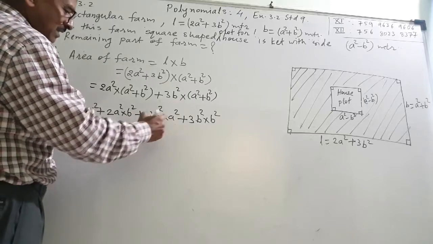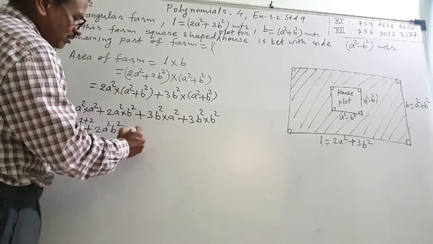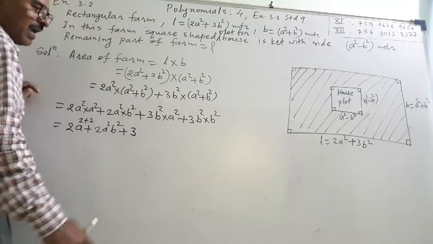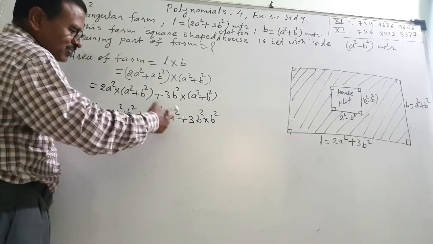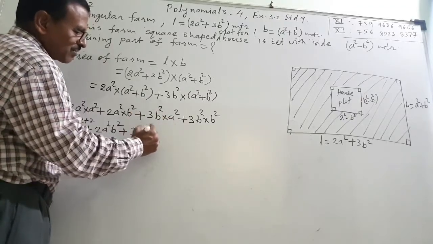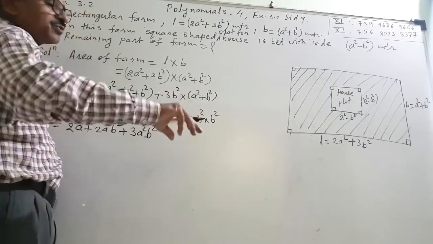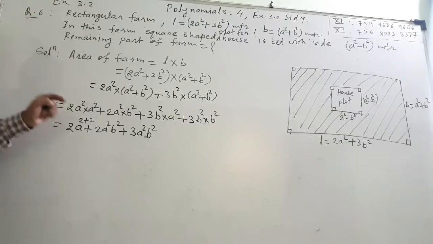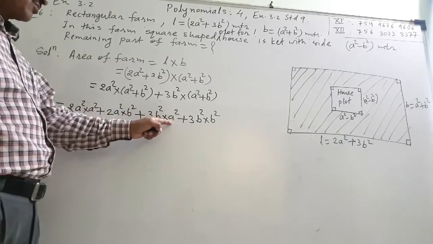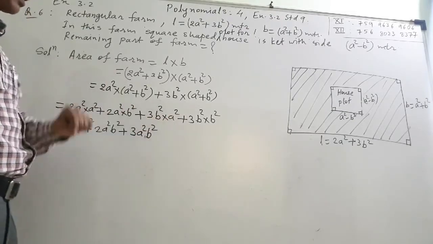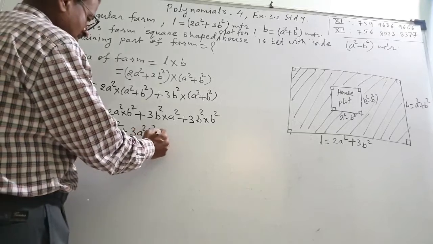Here also the bases are different. Instead of writing b square a square I will write a square b square, the same way you can write 3 into 2 or 2 into 3. B square into a square, you can write a square into b square, plus.